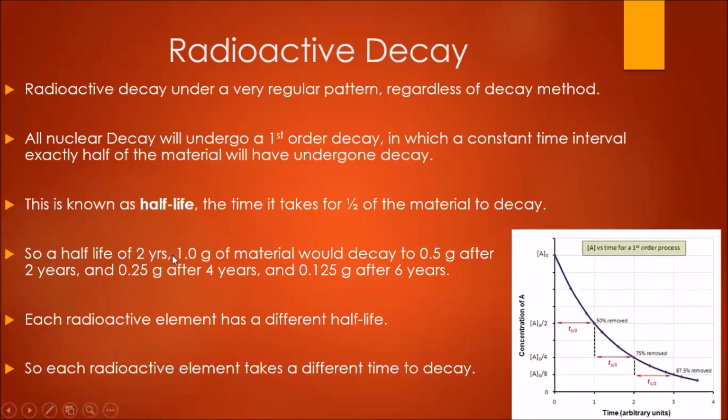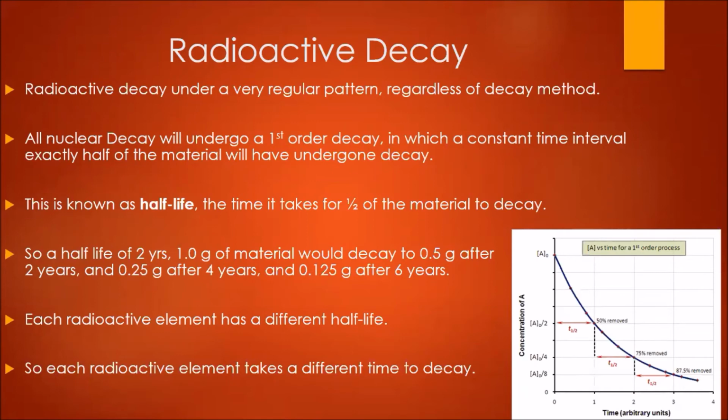So if your half-life is 2 years, 1 gram would go to half a gram after 2 years. After another 2 years, that half gram goes to a quarter gram. And then after another 2 years, that quarter gram goes to an eighth of a gram. And that's part of the problem with radioactivity: you can't really speed this up.